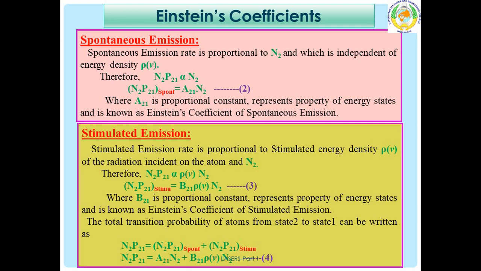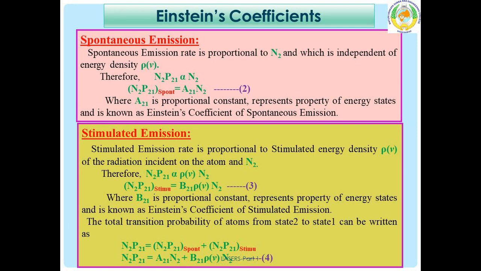N2 P21, from energy state 2 to 1, is proportional to N2. If I remove the proportionality sign, I get N2 P21, and in brackets I am putting spontaneous to indicate spontaneous emission, is equal to A21 N2. Here A21 is the proportionality constant again, and it is known as Einstein's coefficient of spontaneous emission. So again this represents the property of energy states.